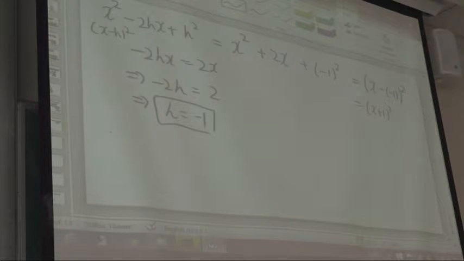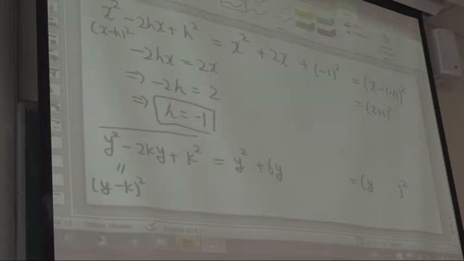Let's do it again for the y values. We have y squared minus 2ky plus k squared, and we want to find a certain k such that we have y squared plus 6y in our equation. We want to make this into a complete square, y minus k squared.